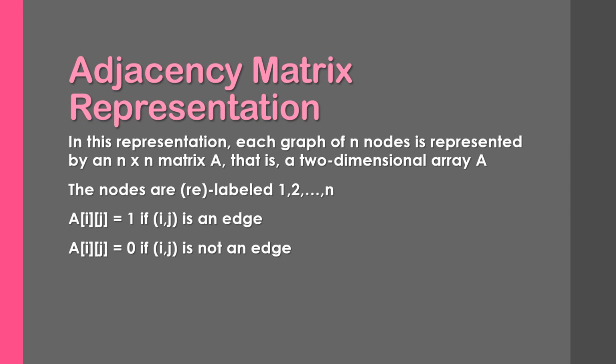Let's take int a[10][10]. It can be used to store a graph with 10 vertices. That means A[i][j] equal to 1 indicates presence of an edge between two vertices i and j. Similarly, A[i][j] equal to 0 indicates that there is no edge present.